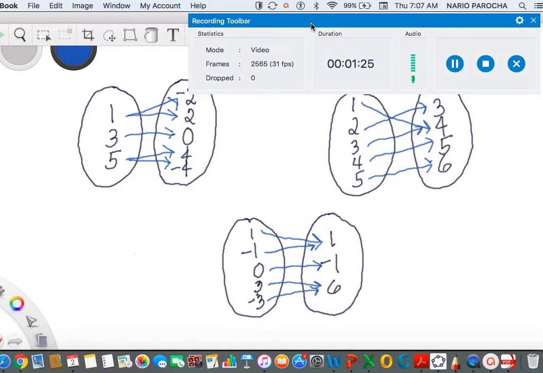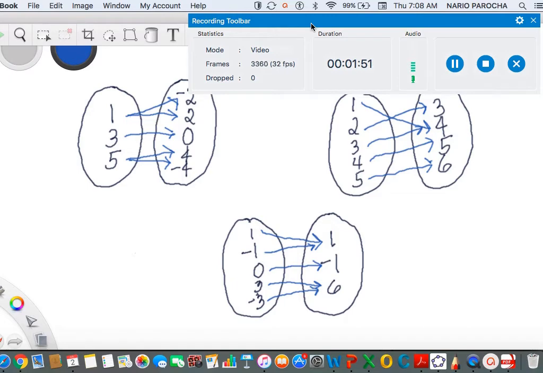So right away you could see that the element 1 corresponds to 2 elements in the second set. So it is not a function anymore. That mapping diagram represents only a relation.